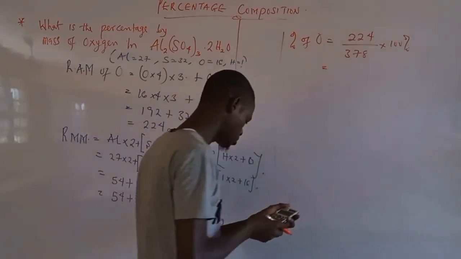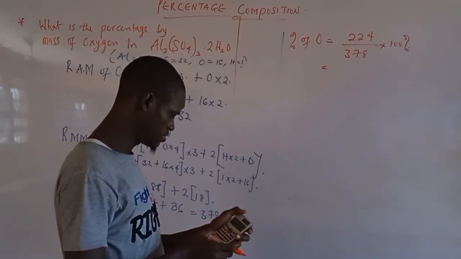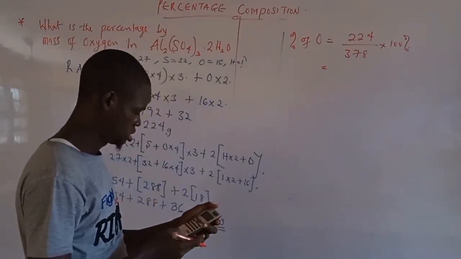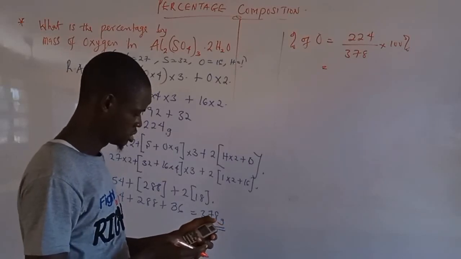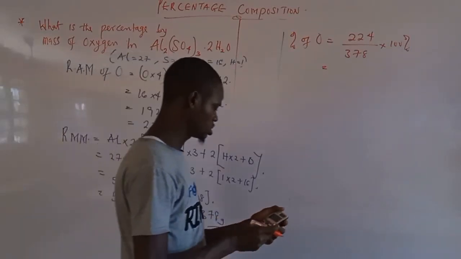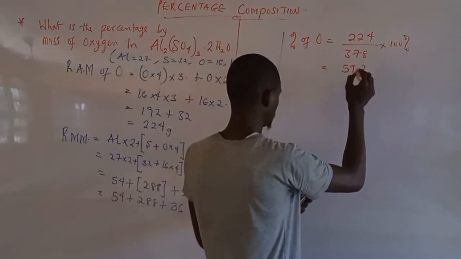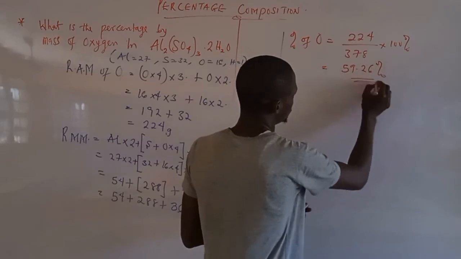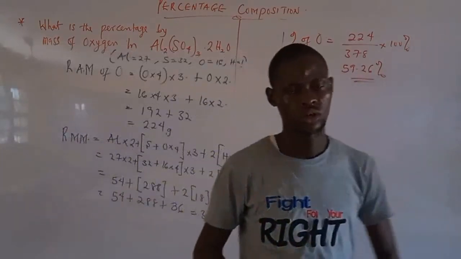This is 224 divided by 378, times 100%, that should give rise to 59.26%. Now, that is the percentage by mass of oxygen in this compound.